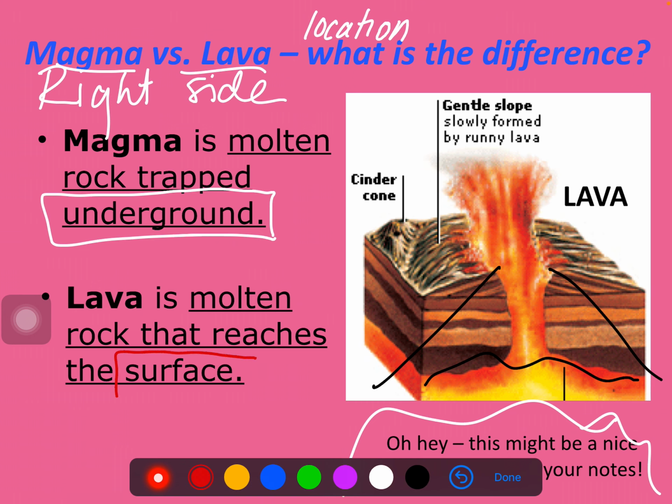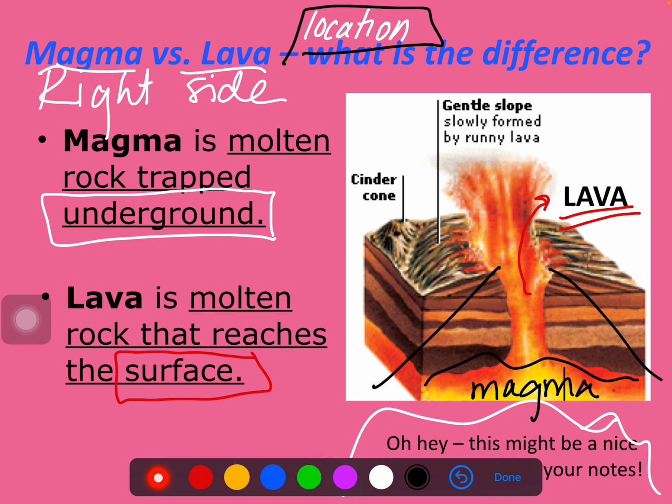So lava is our surface molten rock. So once it exits out of the volcano, it officially becomes lava. When it's inside the earth, it's officially called magma. The only difference is that idea of location, where that molten rock is at, because they're both still liquid.